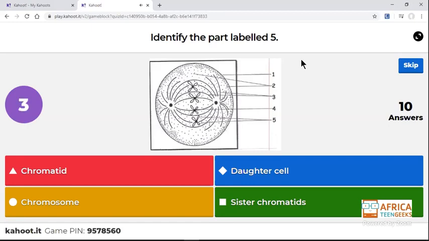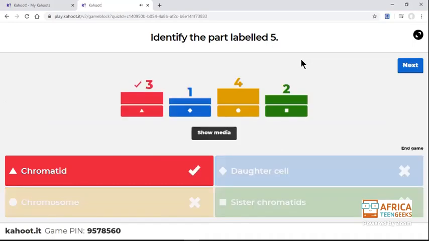What do you think the correct answer is? Don't try to be fast. You have enough time. So the answer is chromatid. Only 3 of you guys got it correct. It is not a chromosome. And for the green answer, it says sister chromatids. So that means that is a chromosome also, because you said a chromosome is made up of 2 sister chromatids.